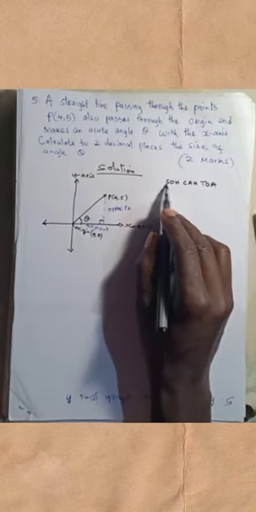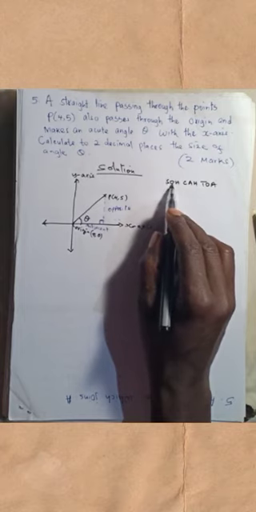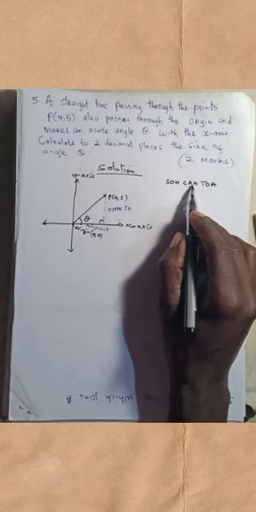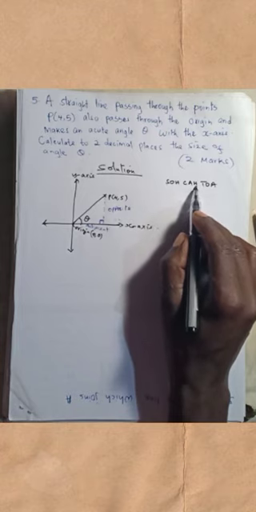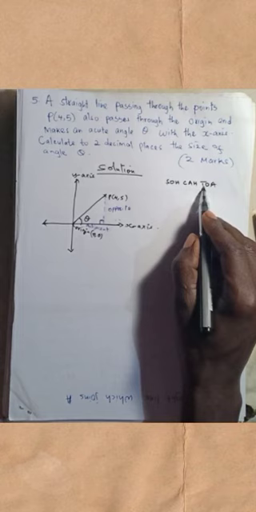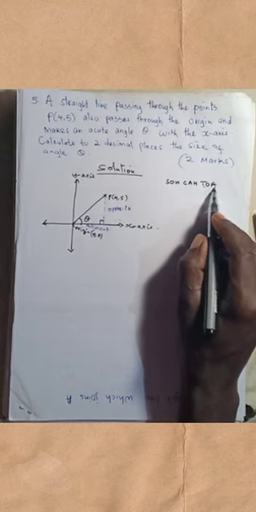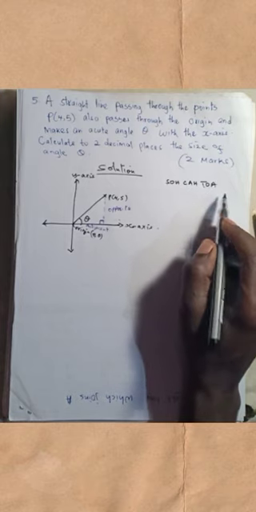SOH CAH TOA implies the sine of an acute angle is equal to opposite side over hypotenuse. The cosine of an acute angle is equal to the adjacent side divided by the hypotenuse, and the tangent of an acute angle is equal to the opposite side over the adjacent, given that the triangle is a right angle triangle.